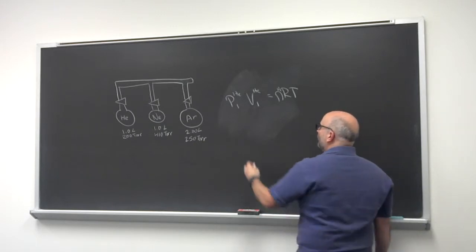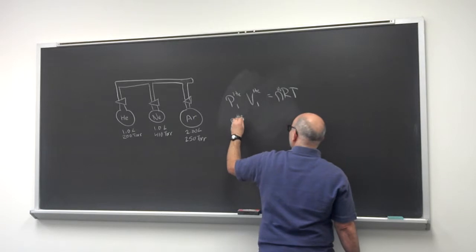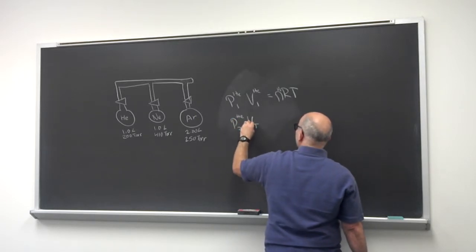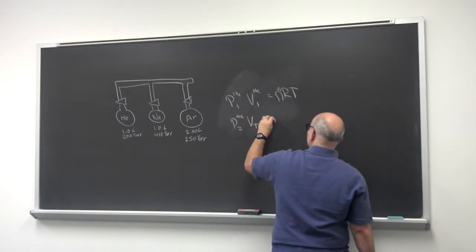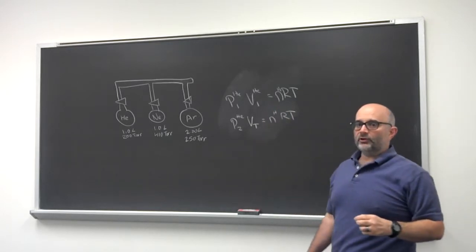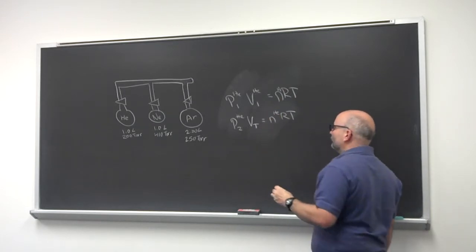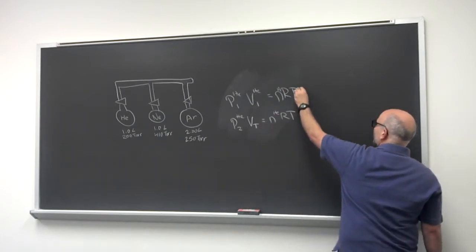But after you've opened them together, pressure 2 of helium times the new total volume is also going to be equal to the number of moles of helium times R times T. So if both of these are equal to the amount of helium times RT, then they have to be equal to each other.